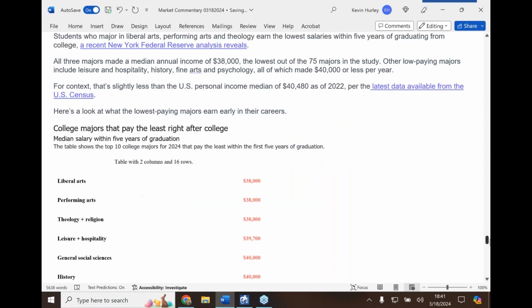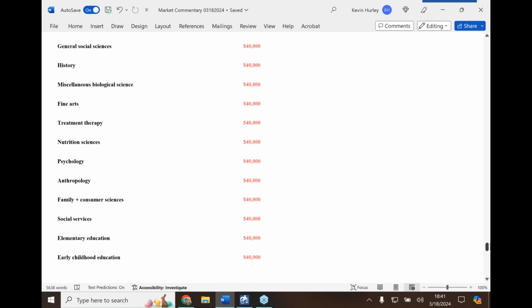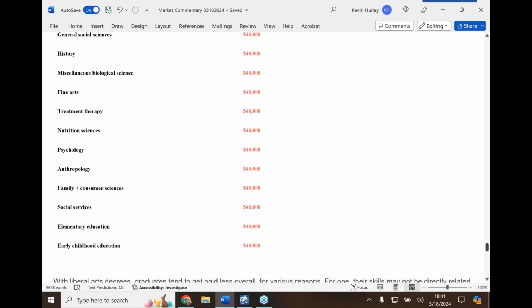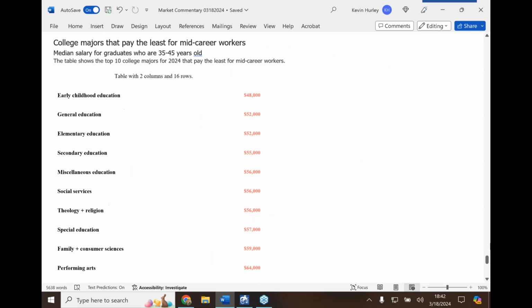The worst paying ones were liberal arts, performing arts, theology plus religion, leisure and hospitality, general social sciences, history, miscellaneous biological sciences, fine arts, treatment therapy, nutrition sciences, psychology, anthropology, family and consumer sciences, social services, elementary education, early childhood education. Those are at the bottom of the barrel for education and getting your money's worth.